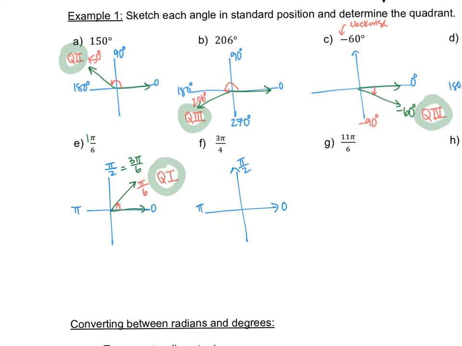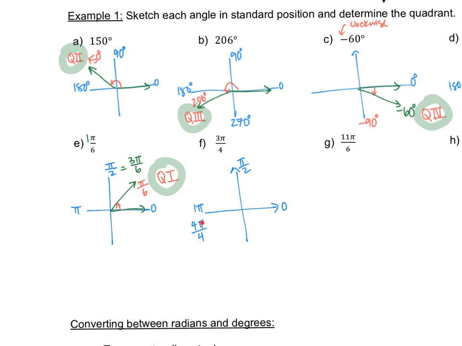So if I think about pi, pi is just 1 pi, but I can manipulate this into a fraction. So if this is just pi, I can also say that this is 4 pi over 4, right? Because 4 pi over 4 is still 1 pi. Think about it, 4 divided by 4 is 1. This is still a 1 pi.